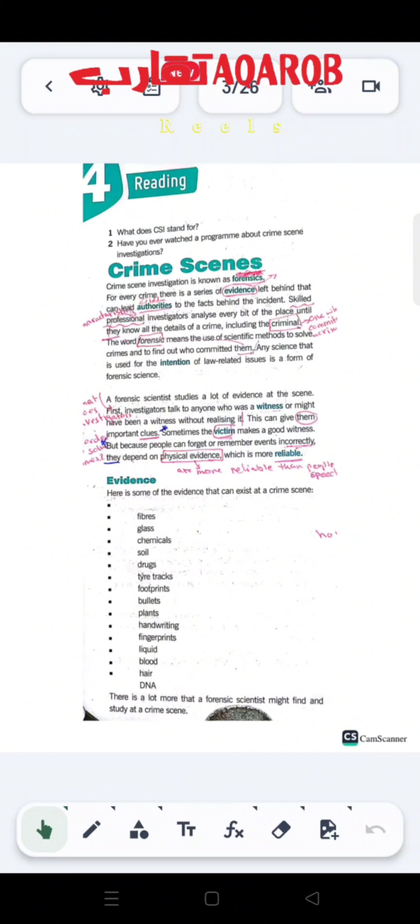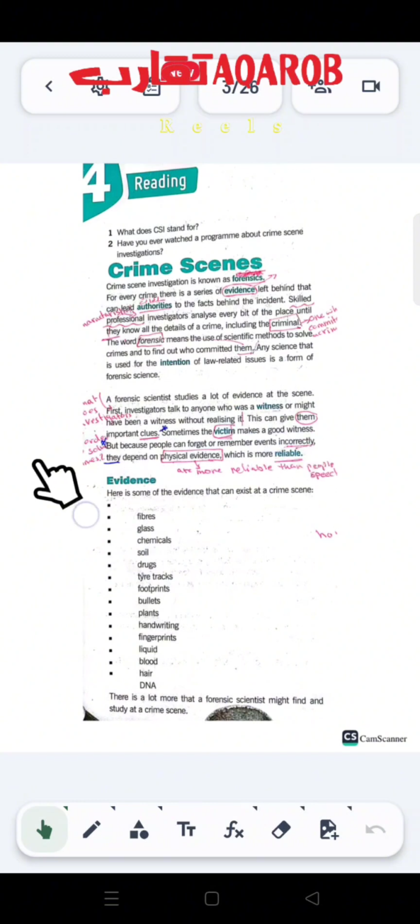Skilled professional investigators analyze every bit of the place until they know all the details of a crime, including the criminal. The word forensic means the use of scientific methods to solve crimes and to find out who committed them. Any science that is used for the intention of law-related issues is a form of forensic science.